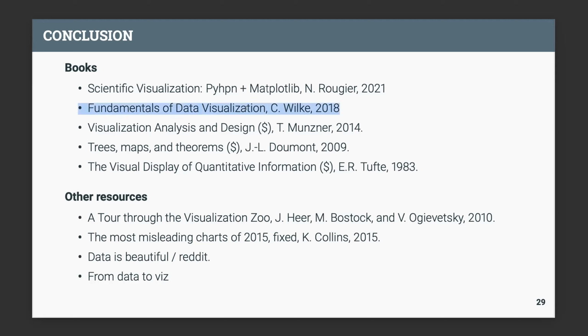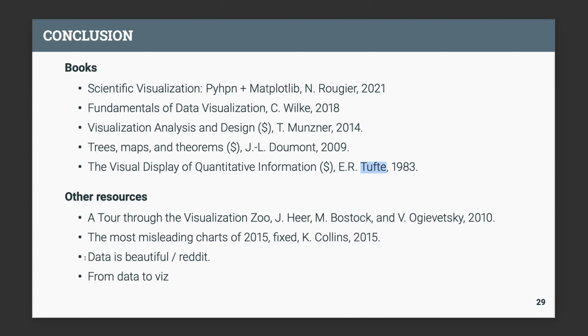This one is also online. It's really good, and it's open access. Those are also good, but you have to pay for one. Tufte is very well known in visualization. He wrote many books that are really appreciated by a lot of people. Then you have other resources.